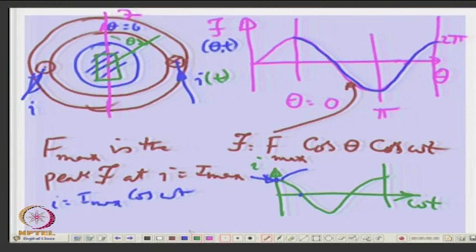And we could write that if this is theta equal to 0, this is t equal to 0, and then omega t is equal to pi by 2, where what will be the MMF?